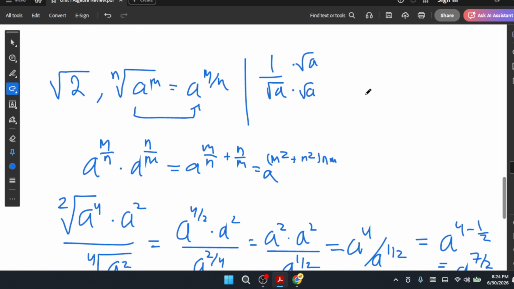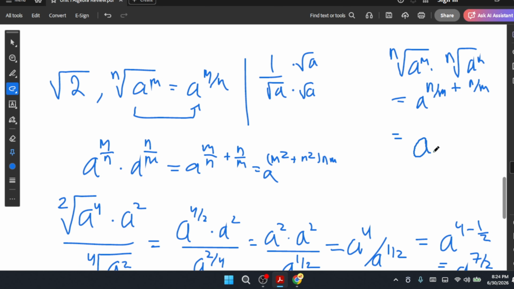Because as you can see, if you have the nth root of a to the power of m times the nth root of a to the power of m, that would be a to the power of n over m plus n over m, which is a to the power of 2n over m.